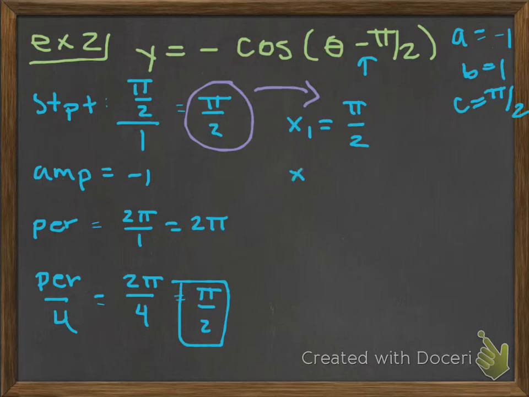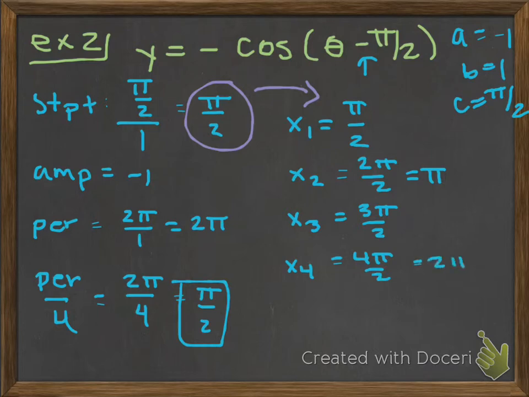So now I add pi over 2 to this, so pi over 2 plus pi over 2 would be 2 pi over 2, which is pi. x3 would be 3 pi over 2. x4 is 4 pi over 2, which is 2 pi. And x5 is 5 pi over 2. So again, nothing new here, it's just the actual creation of the graph. So now we're going to make our picture with this information.